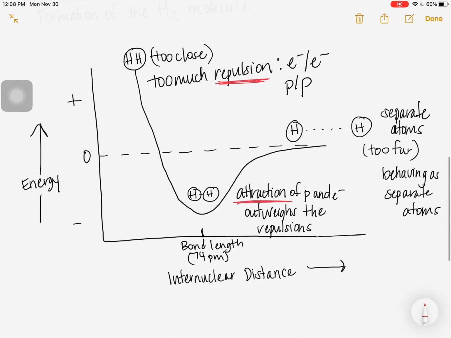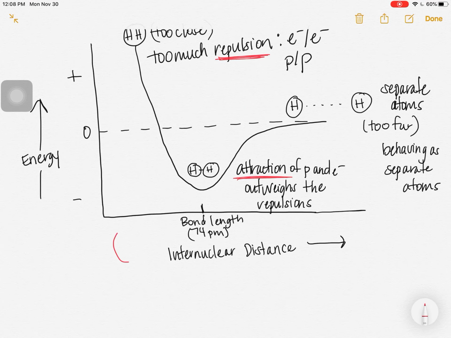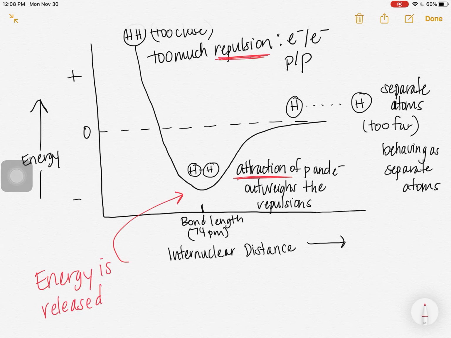Okay, so that's what this picture shows you. And the biggest takeaway is that at this bond length, at this perfect situation, look at the energy value. The energy value is negative, which means energy is released.